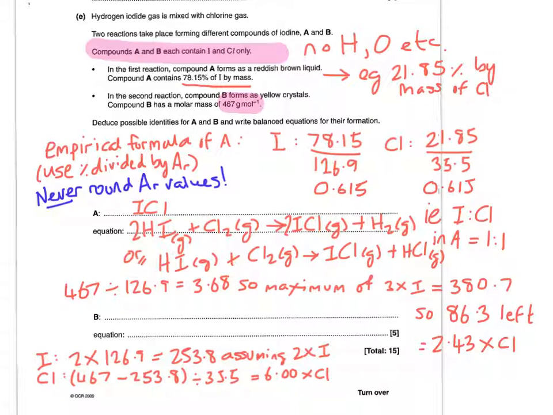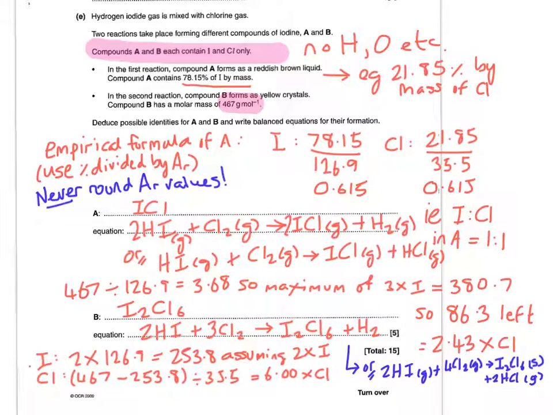Take that away from 467 and you're left with a figure that can be divided by 35.5 to make 6 exactly. So that gives us I2Cl6. So that gives us one possibility as our equation. There is another possibility, just like there was another possibility for A, but I've now added in blue.